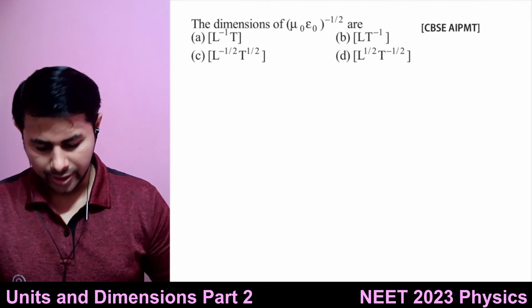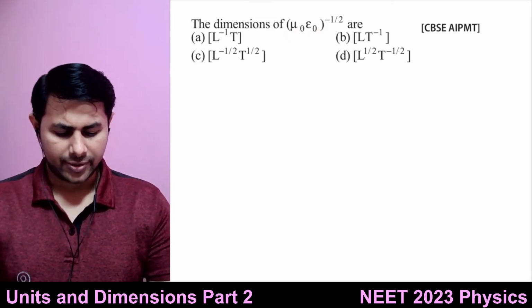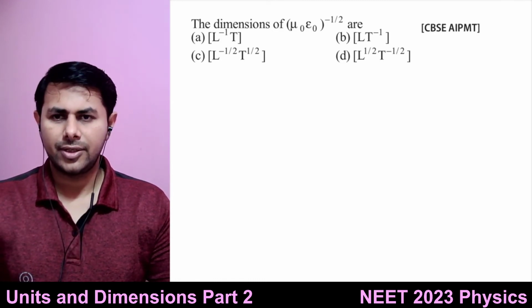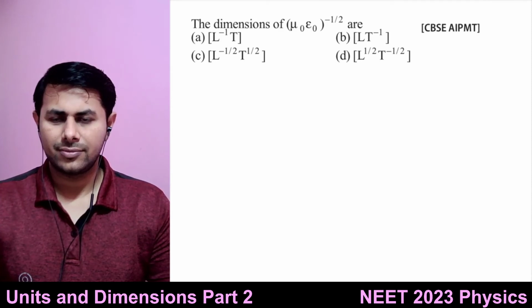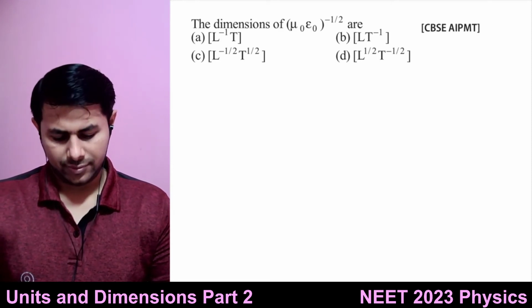Next problem. The dimensions of mu naught epsilon naught raised to minus half are LT inverse.